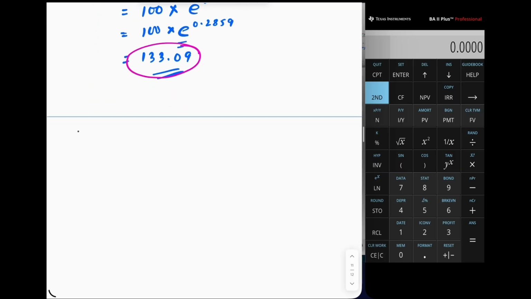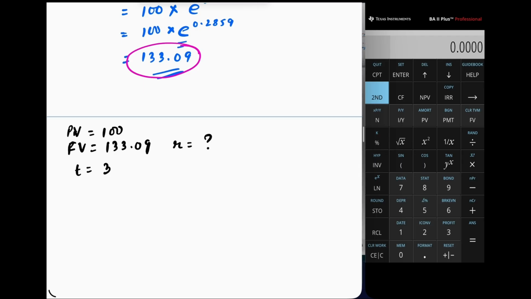So, present value is 100, future value is 133.09, and this is compounded continuously for 3 years. So what is the continuously compounded rate? If I tell you this, how are you going to calculate?